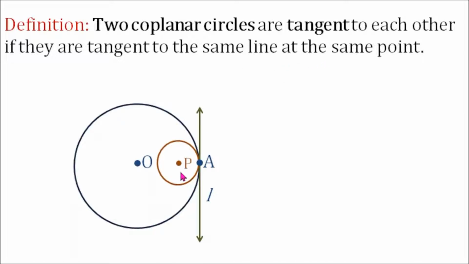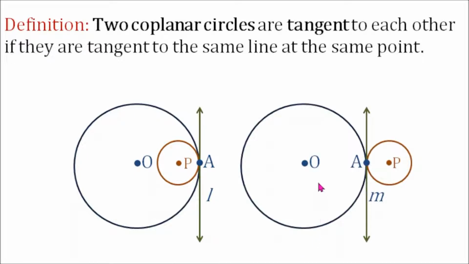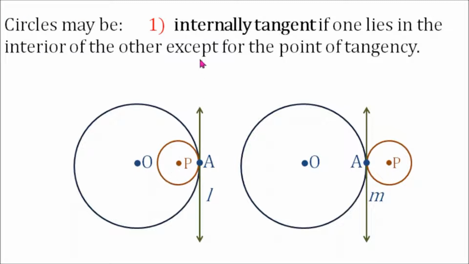Here we have two coplanar circles, circle O and circle P, and they are tangent to line L at point A. In our second figure, circles O and P are coplanar circles, and they are tangent to line M at point A. The first case is called internally tangent because one circle lies in the interior of the other except for the point of tangency.